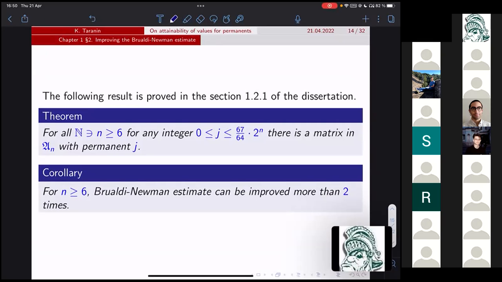Here the proof is a bit more technical, so I will just describe the idea.